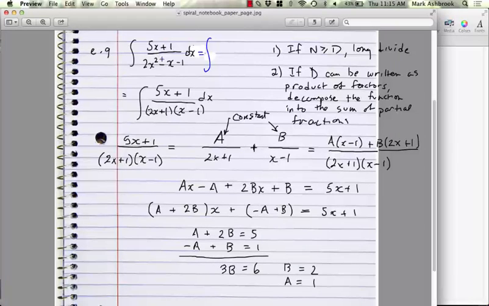We can rewrite this integral as the integral of 1 over 2x plus 1 plus 2 over x minus 1, which is now a piece of cake, right? They're just natural log. And then you're going to need a 1/2 on the first one, right? 1/2 natural log of 2x plus 1, plus 2 natural log of x minus 1, plus C.